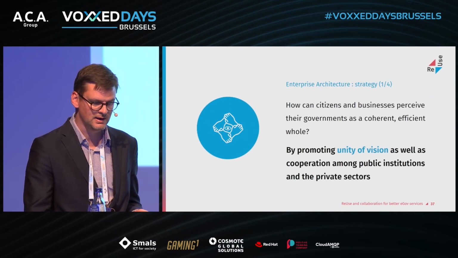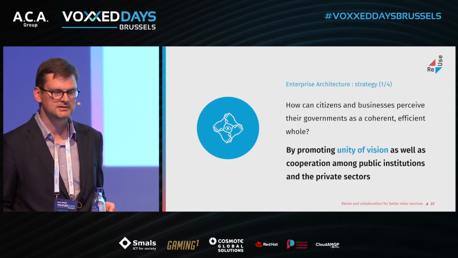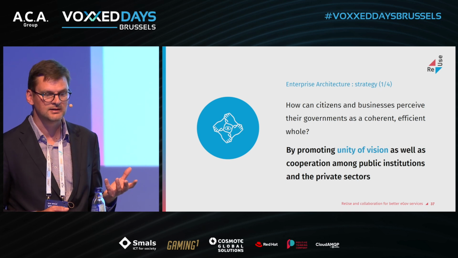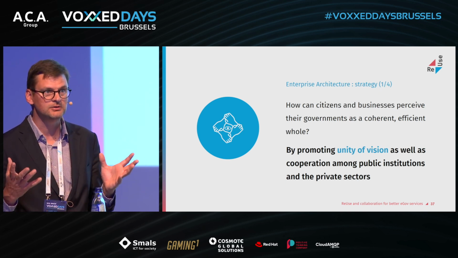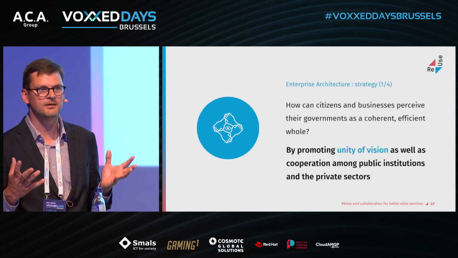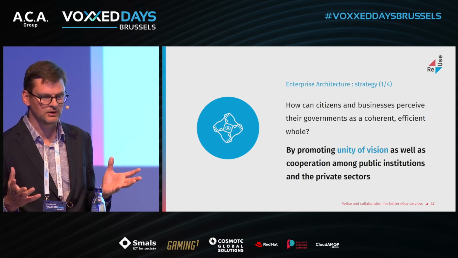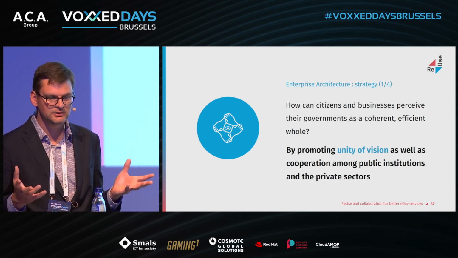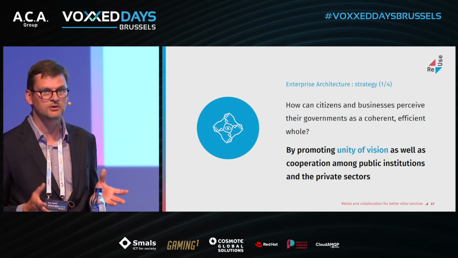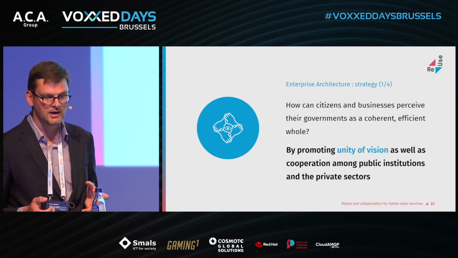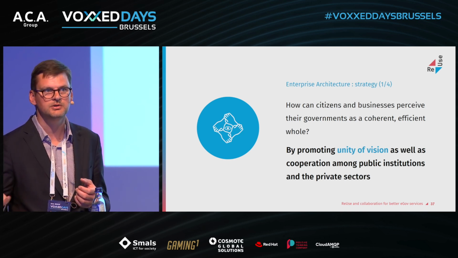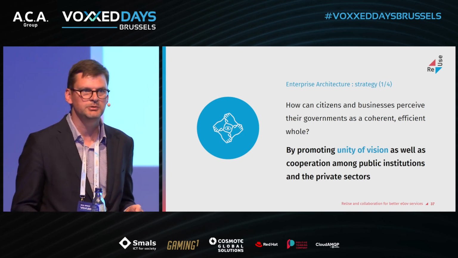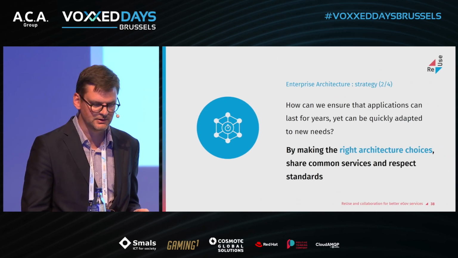that we want to put forward. And so what is the strategy on enterprise architecture level? When we want to have a coherent and efficient whole, so a better experience by the public of government, we say that when we have a unity of vision within the public institutions and also with the private sectors, and that vision and reuse can be a part of that vision, then we will be able to provide better services.